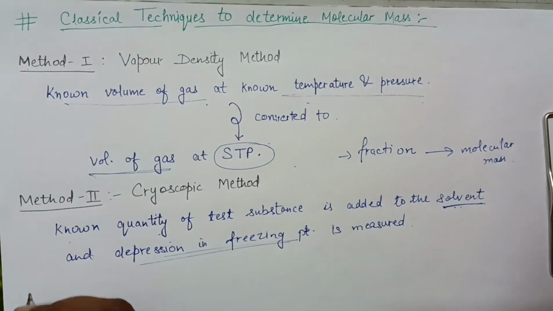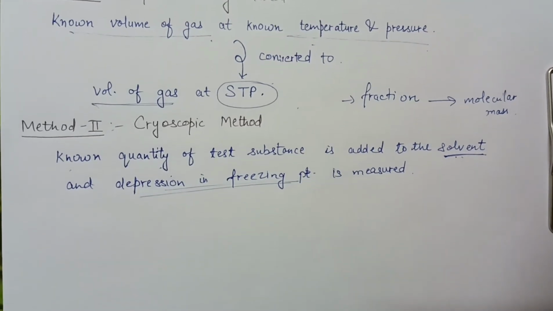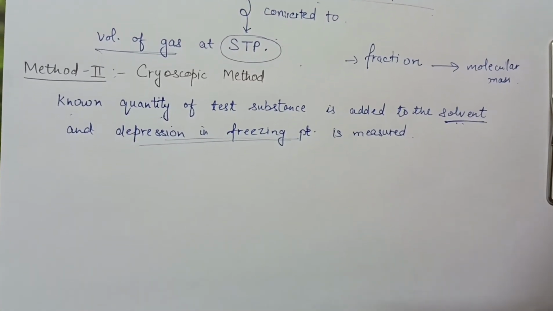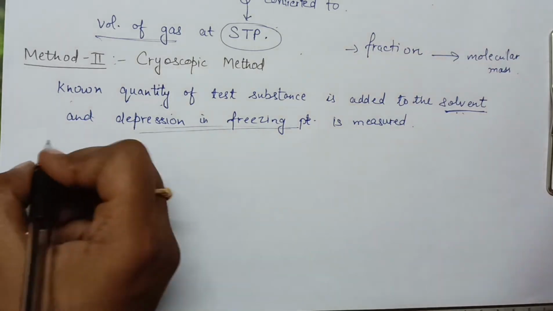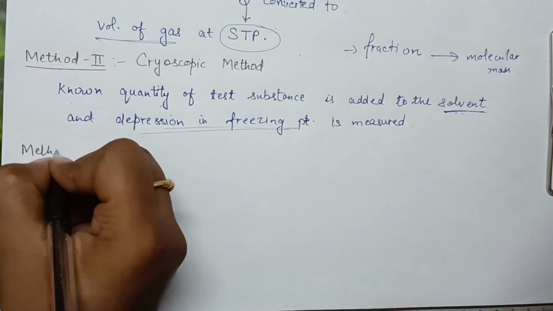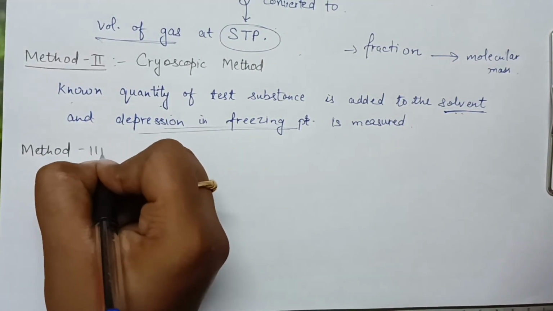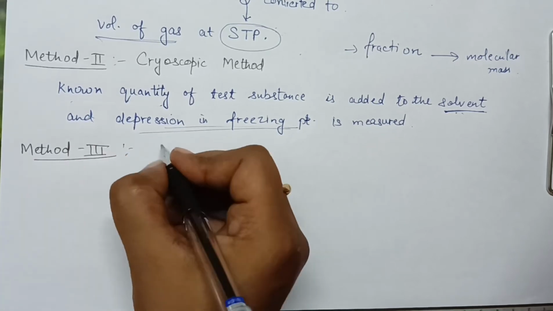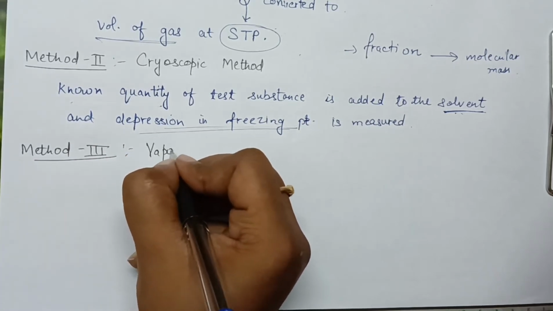After that, we have the third method, that is vapor pressure osmometry.